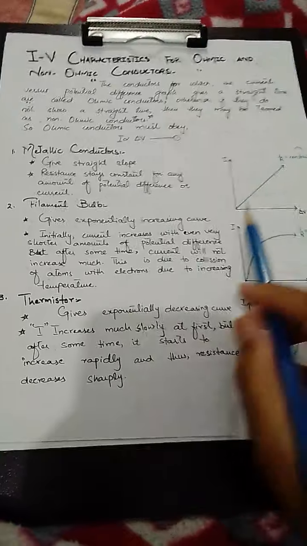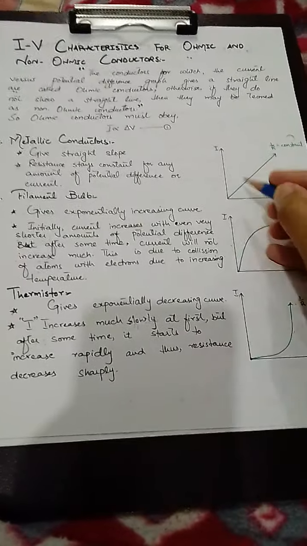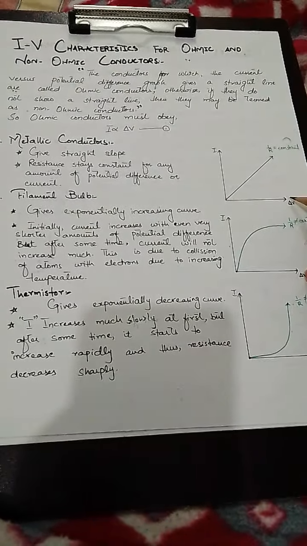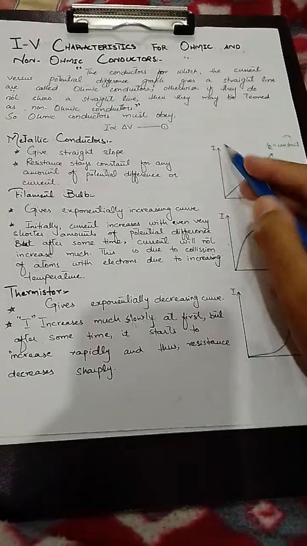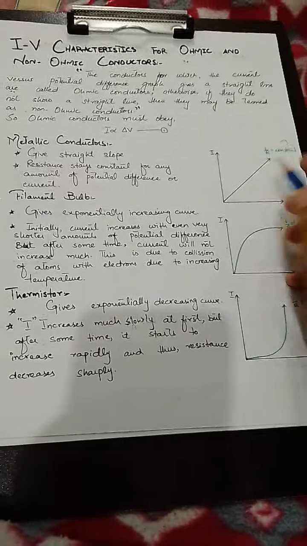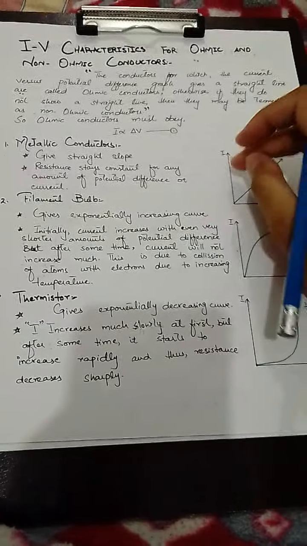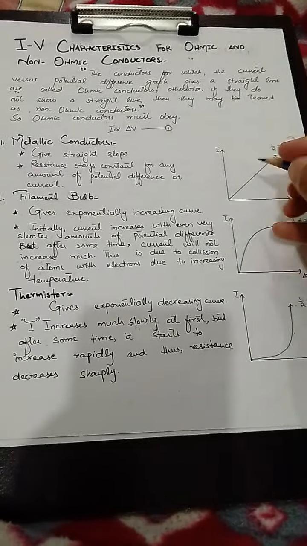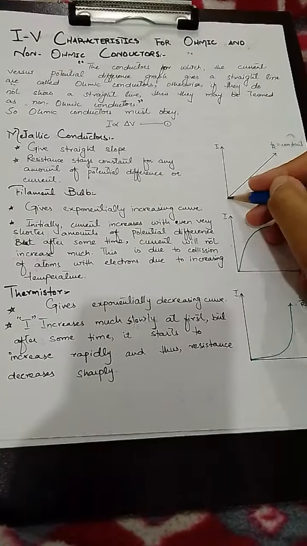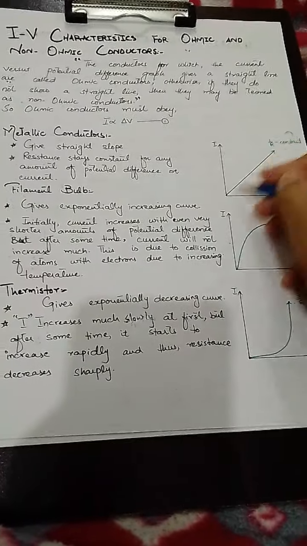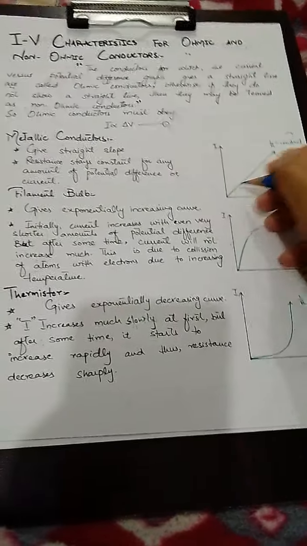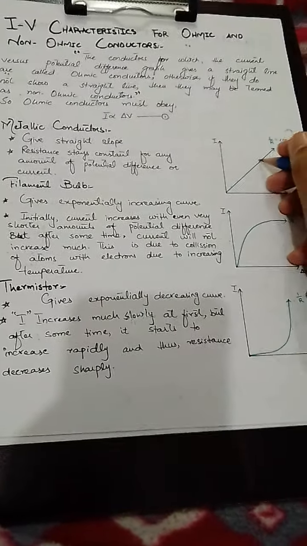What does it mean? It means that if we take del V along the x-axis and I along the y-axis, and then take del V divided by I, then what would happen? We will get a straight line joining all the points for all the readings that we take.